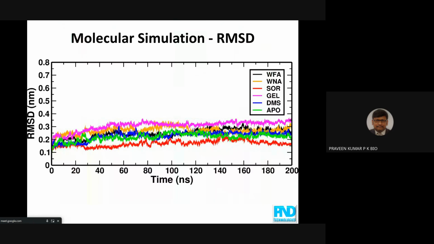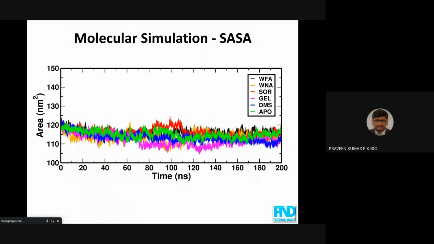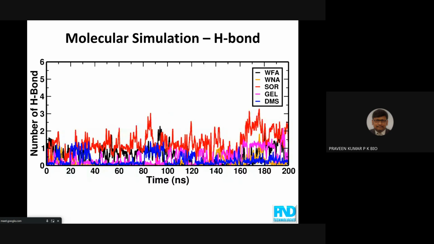And these are some of my results, where I tried to show a normal protein with multiple ligands, so multiple ligands, multiple colors. SASA, solvent accessible surface area analysis. Hydrogen bonds, so we can also get the hydrogen bonds like this.